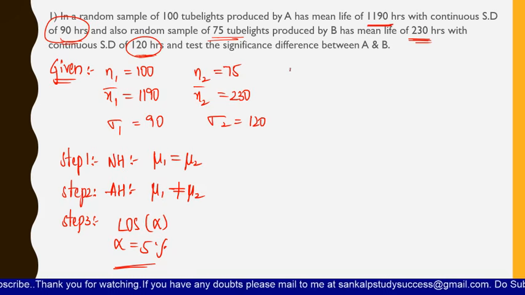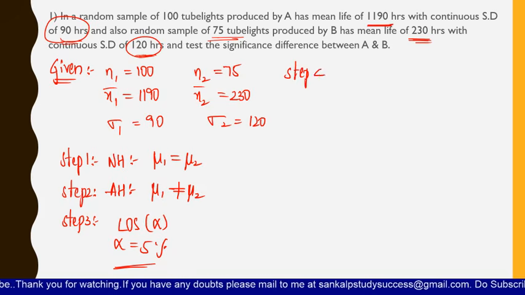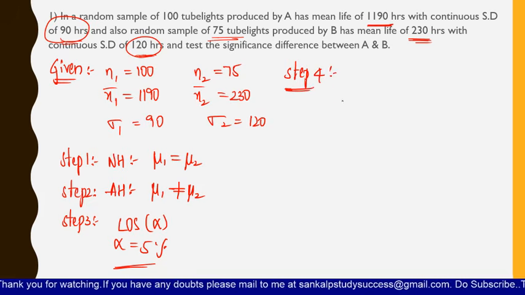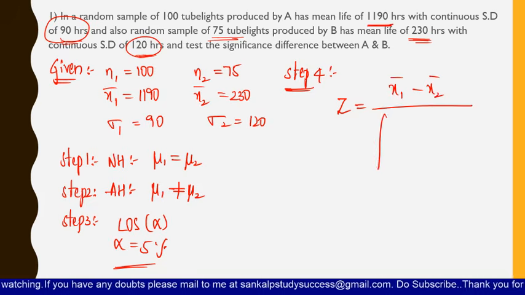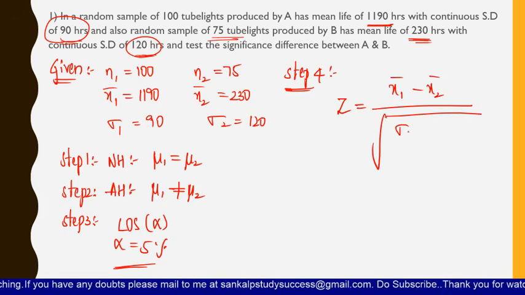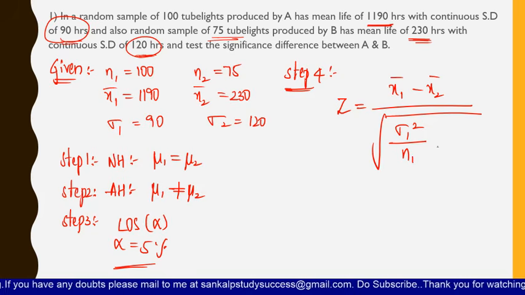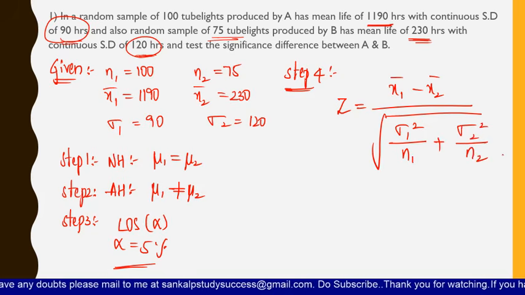Coming to step 4, which is the test statistic, let us write the formula of z, which is equal to x1 bar minus x2 bar by square root of sigma 1 square by n1 plus sigma 2 square by n2, which is the formula for two means. Here, let us substitute all the values and then calculate.